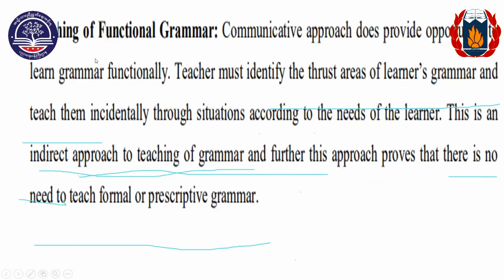And the next thing, the teaching of functional grammar. Here, functional grammar means you learn the grammar in order to use it for your spoken language. You learn the grammar not to learn silently. Once you know one pattern, you use it for your communication.